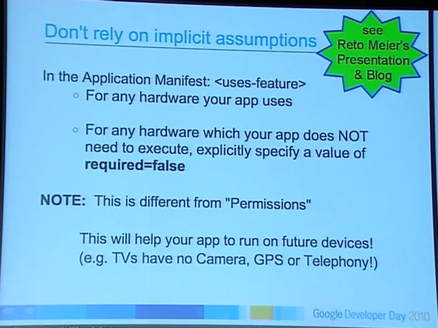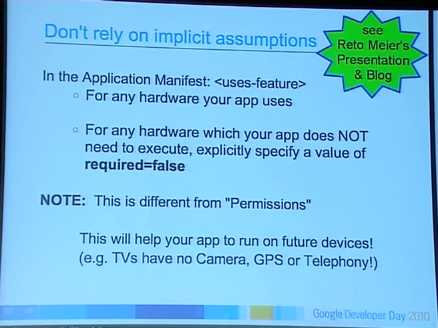But make also sure that the other features which you use but which are optional, that you actually specify that they're not required. Because otherwise, the frameworks and the market may actually assume that your application must have those features on the hardware and it will not run without it.